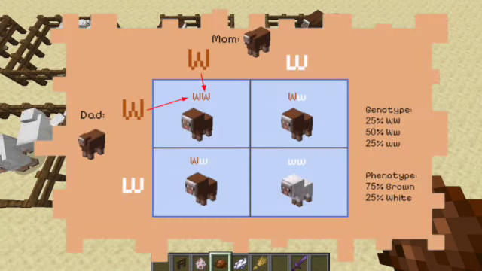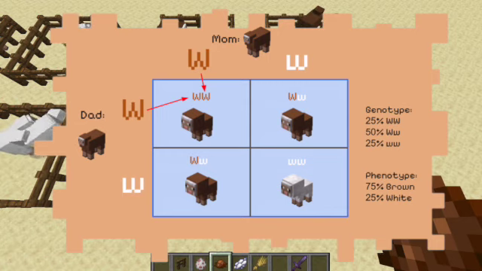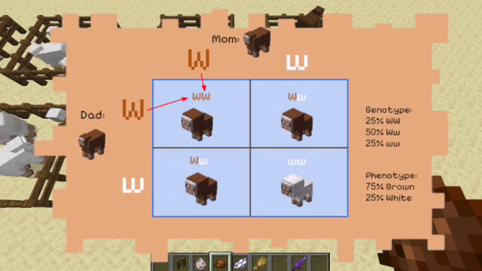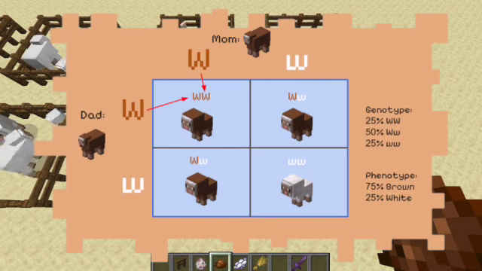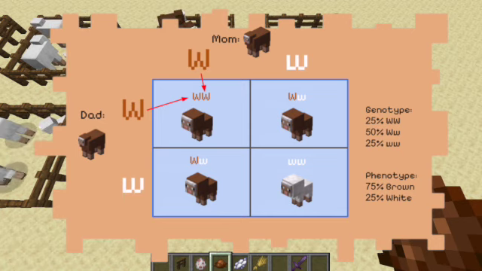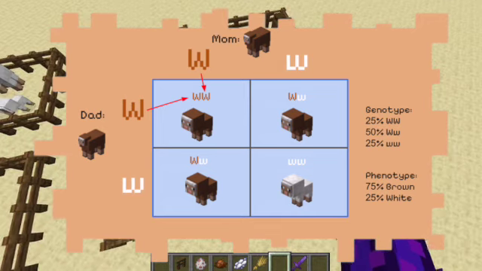Taking a closer look at our Punnett square, we can see that after we cross the heterozygous parents, we have 75% brown wool phenotypes and 25% white wool phenotypes. Looking at the genotypes, we have 25% big W big W genotype, 50% big W small w or heterozygous genotype, and 25% small w small w genotype.